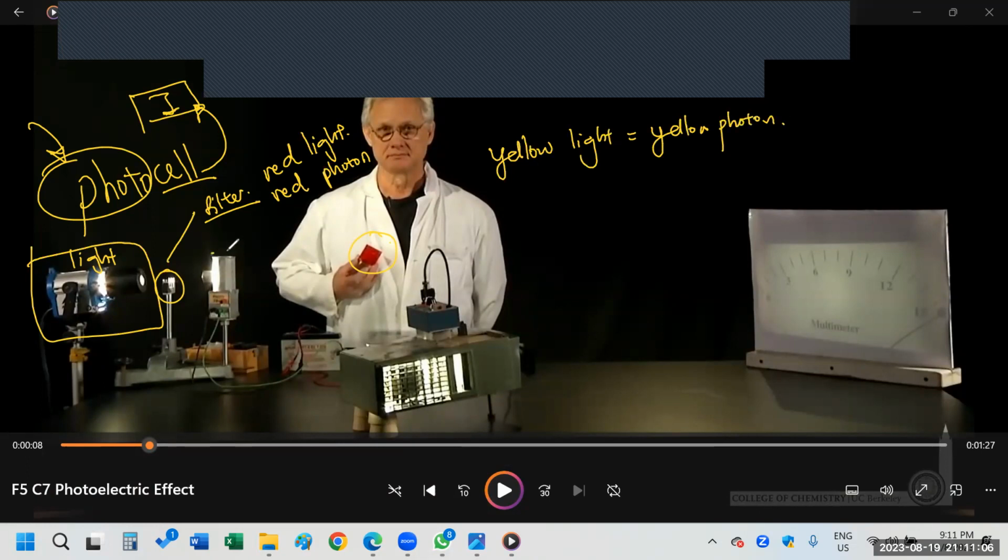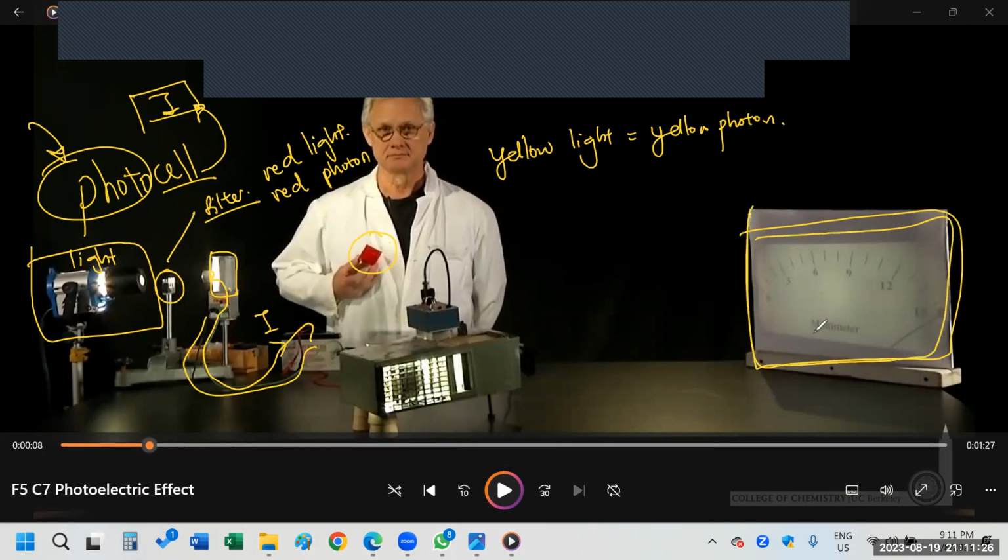All right, then here inside has the metal plate, and when you shine the light on it, it will produce current to flow into the milliammeter. This is a multimeter, sorry, to show there is current flowing.